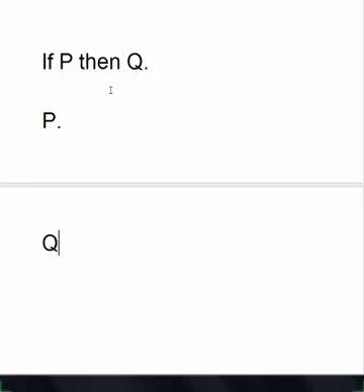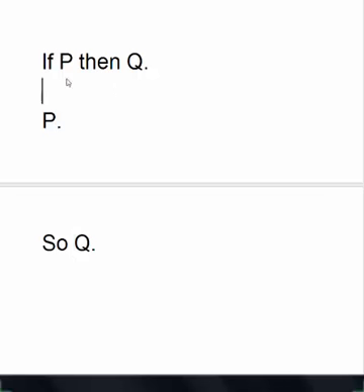Yes. Or I could say so Q, or therefore Q. That's the basic meaning of it, right? If P is true, then Q must be true as well. Well, P is true, so Q is true as well. Okay, that seems to me the most basic, almost self-evident meaning of the conditional.